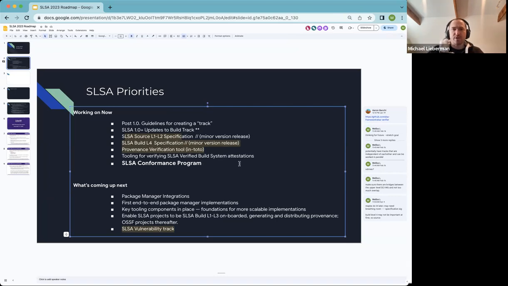I can't remember who had brought this up previously, but around, what does it take to make a SLSA secure build system, or a build system that can provide secure SLSA provenance, that kind of thing. That seemed to be less of a concern. They sort of felt like a conformance program or whatever would help out there.